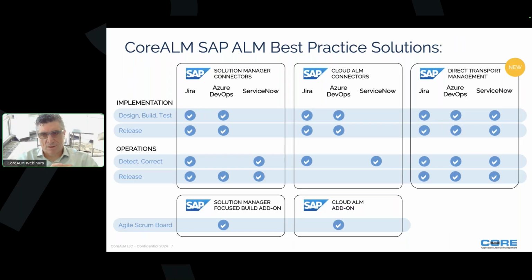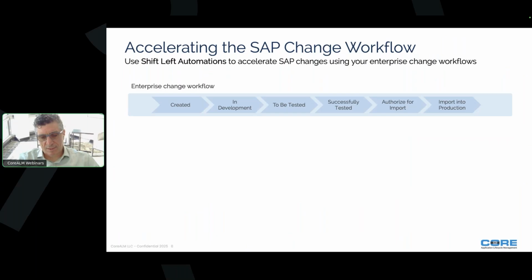All of the features of Charm, like retrofit and all of the cross-reference checks, error checks that you can have, are built in to Jira, Azure DevOps, and ServiceNow, and that's an application that we can sell for you. And that way, you only have one application that you interact with, and it can handle all of the transport management directly without the need for Solution Manager. It breaks your dependency on that, and it breaks your dependency on Cloud ALM. Not to say that you shouldn't use Cloud ALM. It's a great tool, so you can use it as well. They work together, but it's not required. So those are the three kind of product areas that we focus on.